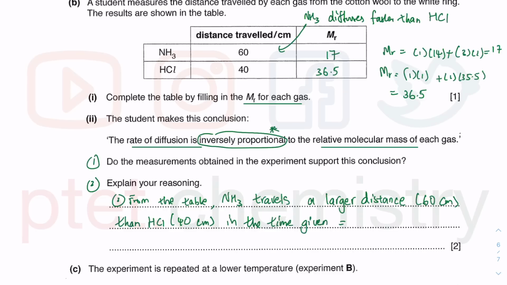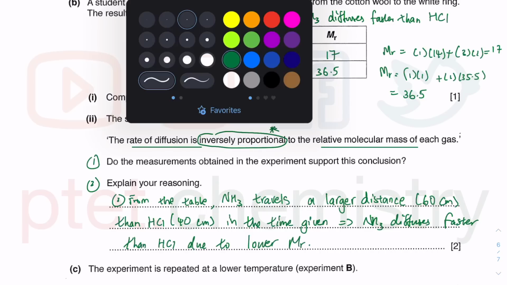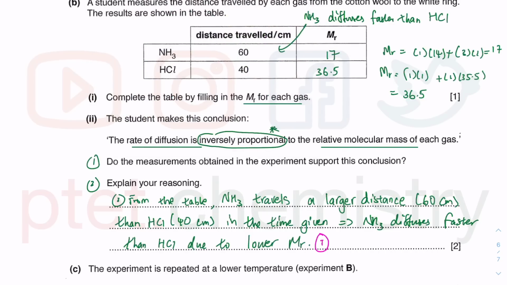So we can see that NH3 diffuses faster than HCl due to lower MR. So the lower the MR, the faster the diffusion. That is what we are saying. So lower MR for NH3, it travels further, therefore it diffuses faster. So lower MR, faster diffusion, so rate of diffusion increases.